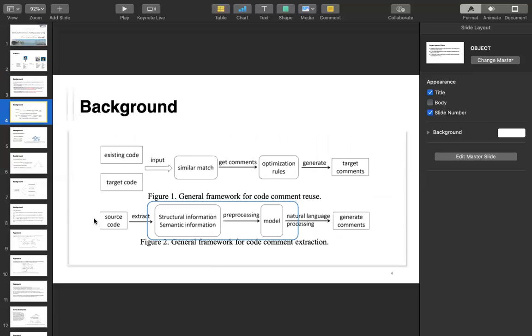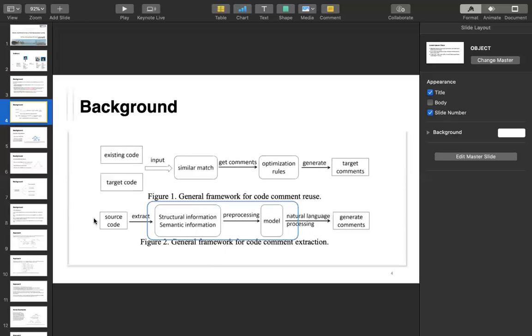We have some general frameworks for those different types of methods. The first one: we have existing code and target code, and we want to find an existing code that is similar to the target code, so that we can reuse its comments and apply them to our target.